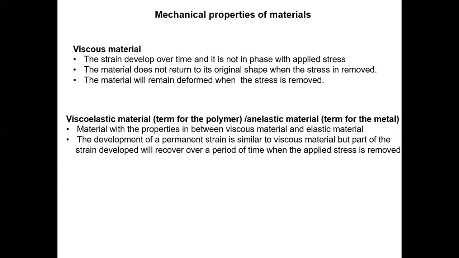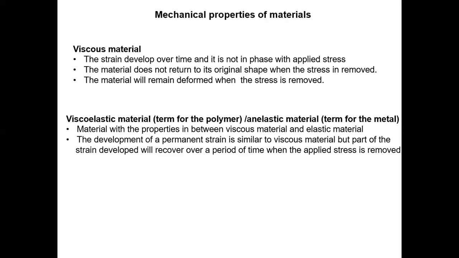In there, the development of permanent strain is similar to the viscous material, but part of the strain developed will recover over a period of time when the applied stress is removed. That means there will be permanent deformation, but once you remove the applied stress, some amount of strain will recover.